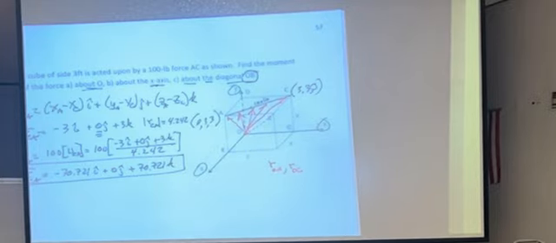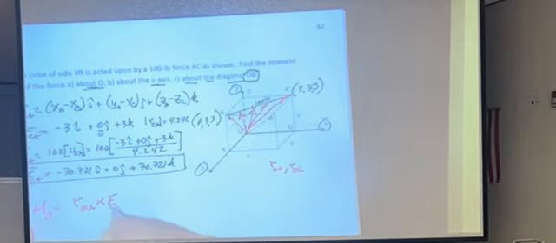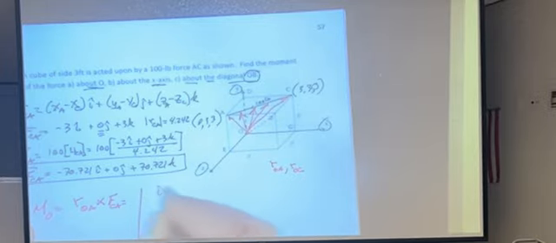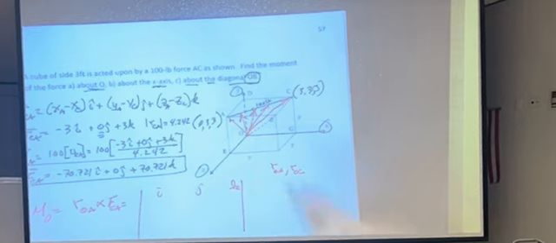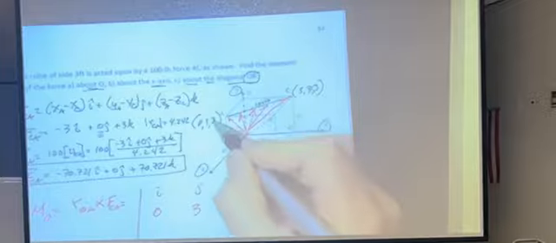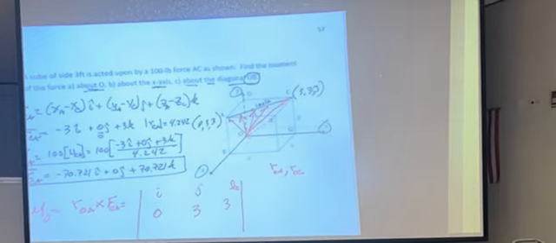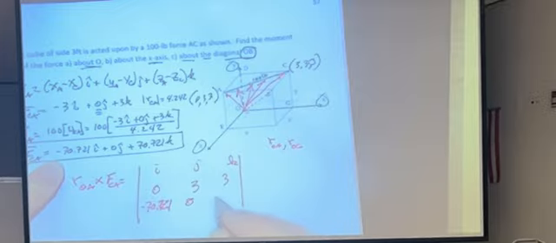So I'm going to come in and I'm going to say moment about O is equal to ROA crossed with FCA. Well, that's going to be IJK of ROA. That's going to be 0 minus 0, that's 0i. 3 minus 0, that's going to be 3j. 3 minus 0, that's going to be 3k. The force is the force. It's minus 70.721, 0, and 70.721.